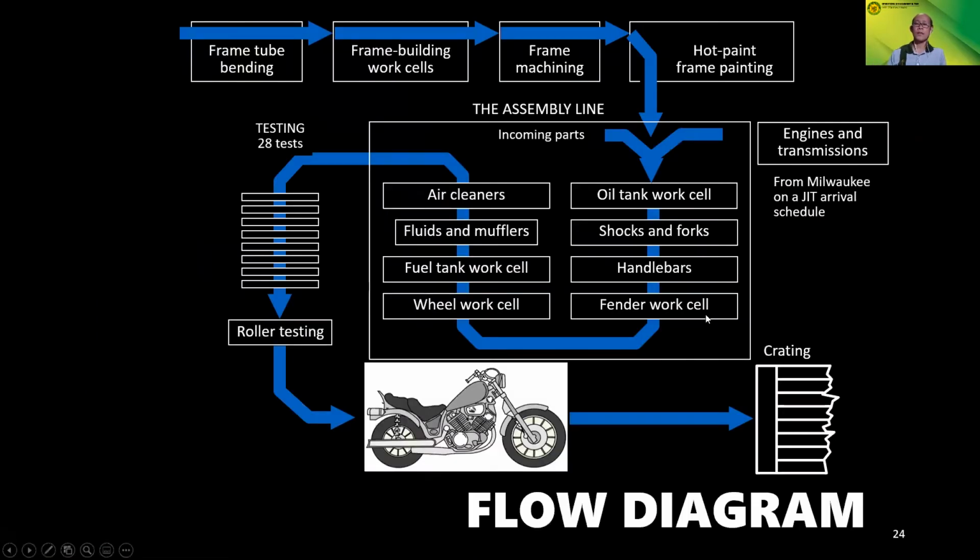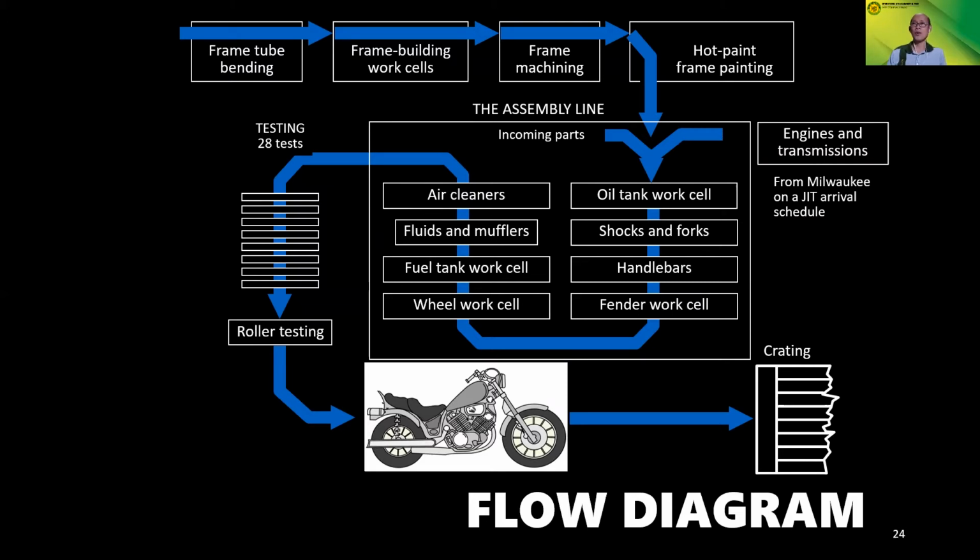So this is an example of a flow diagram or a flowchart. If I am not mistaken, this is the flow diagram for assembly of a Harley-Davidson motorcycle. It starts from frame tube bending to frame building work cells to frame machining and hot paint frame painting. Then it goes down to the assembly line.